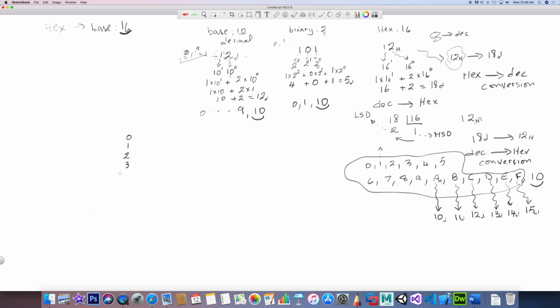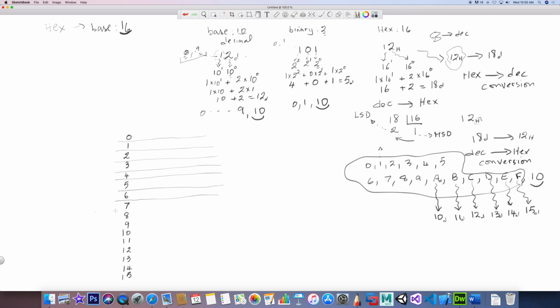I'm going to count in decimal: 4, 5, 6, 7, 8, 9, 10, 11, 12, 13, 14, and 15. I'm going to draw a line here so we could separate them. We could visually see what's going to happen here. Okay? So just bear with me a little bit.